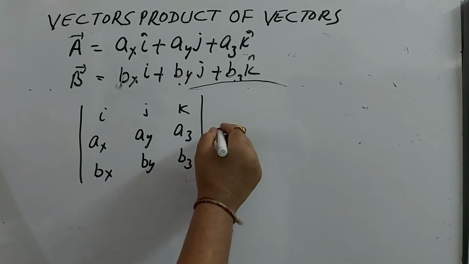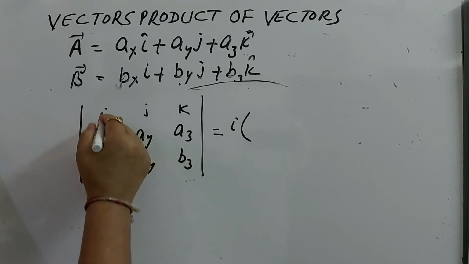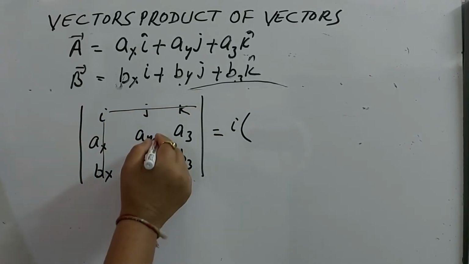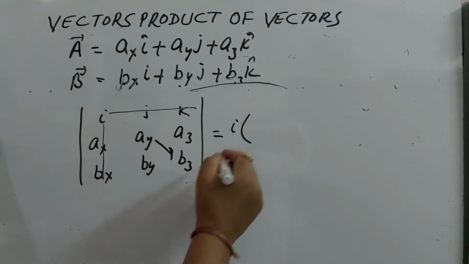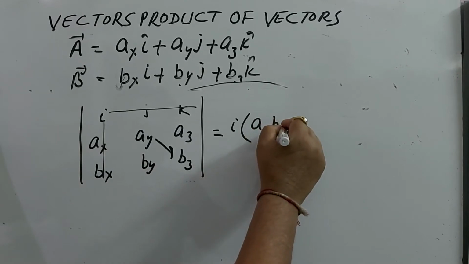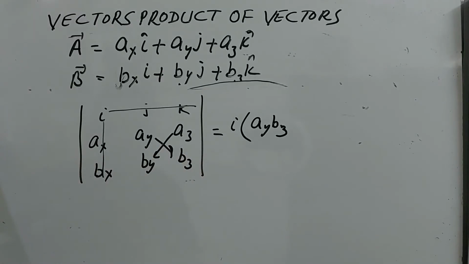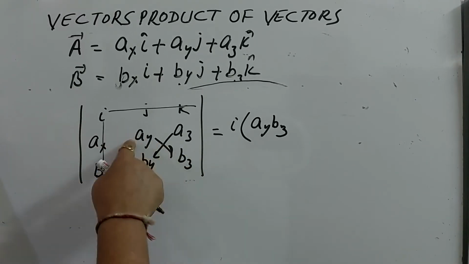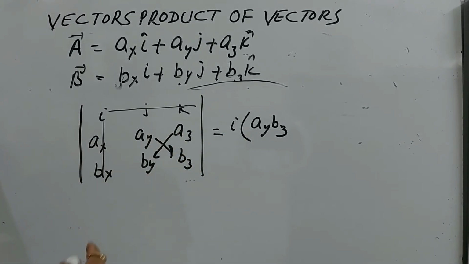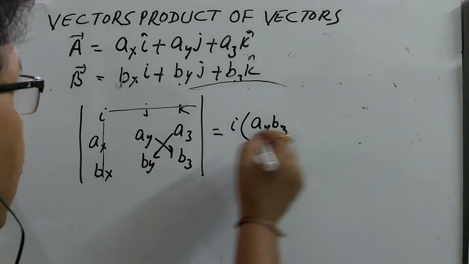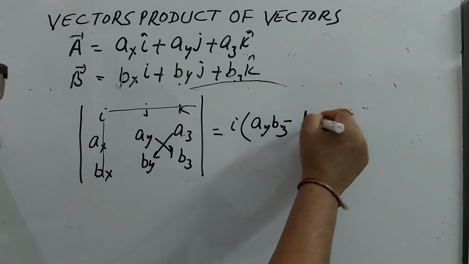Write in matrix form. So first you write i, you leave this line and this line, and you multiply left term and right term crosswise. So this will be ay bz, and then you multiply these two and change the sign. This side to this side will be written positive only, and this side to this side, this multiplication will be taken negative. So this is az and by, you put a negative sign, so this will be minus by az.